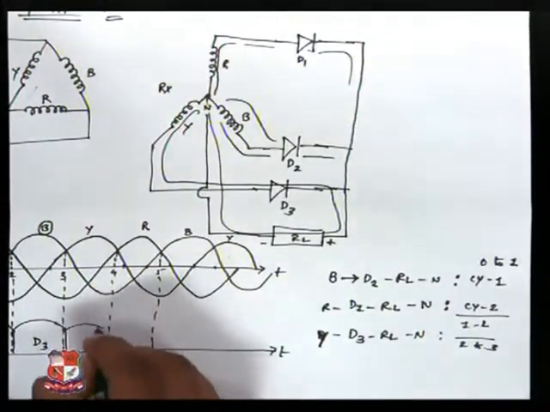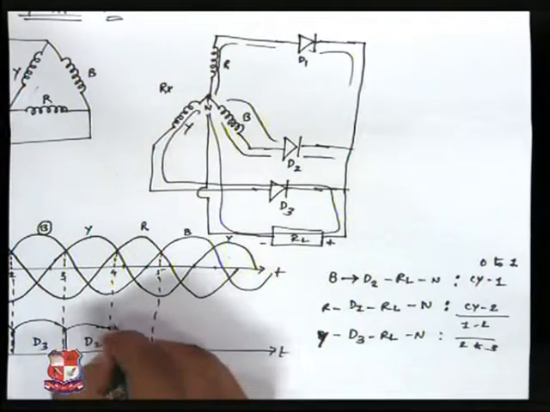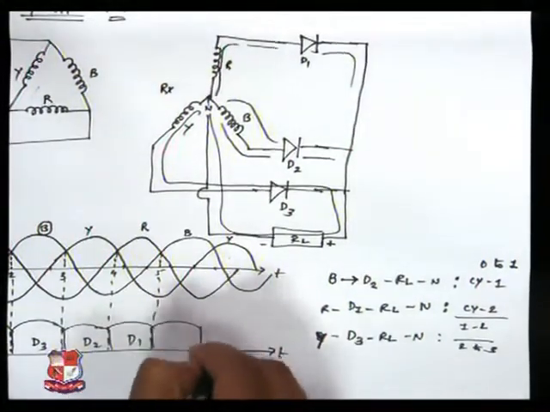So the cycle is now continuous, again it is D2, again D1, again D3.